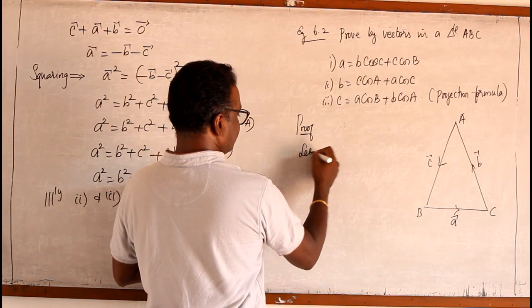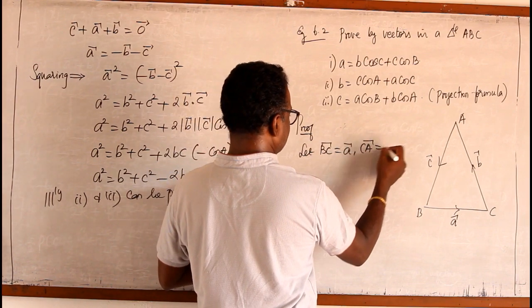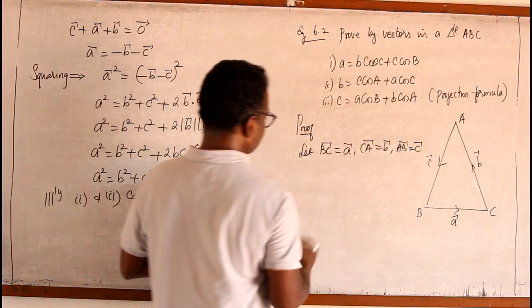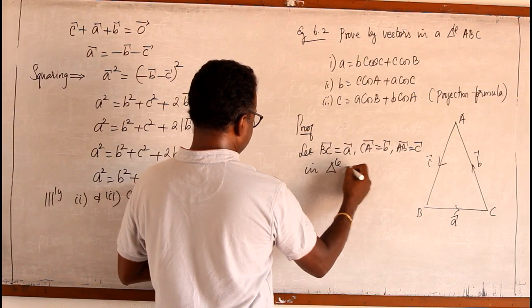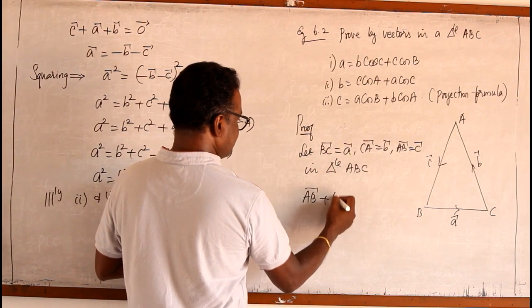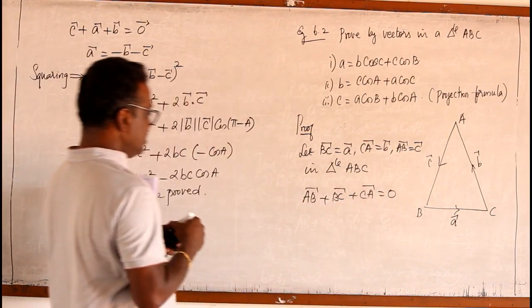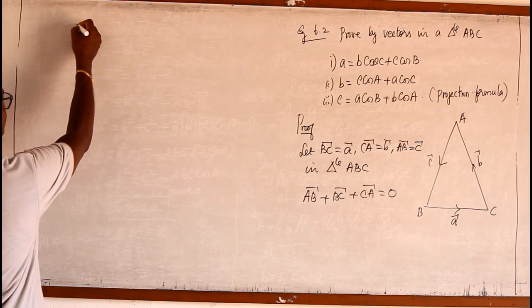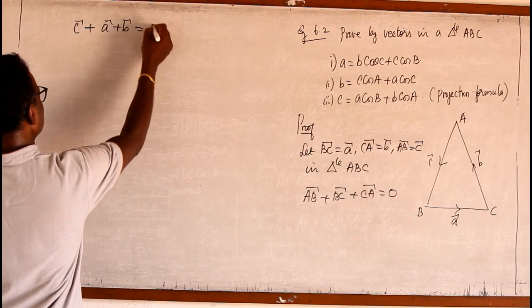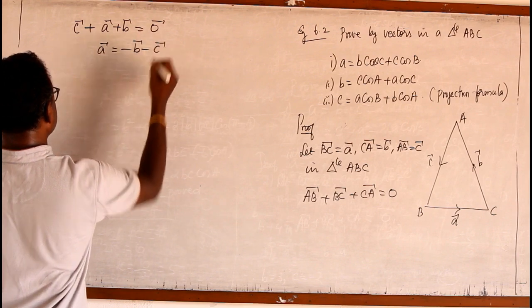We know that AB plus BC plus CA equals 0, so c vector plus a vector plus b vector equals the zero vector. So a vector, as usual, is minus b vector minus c vector.